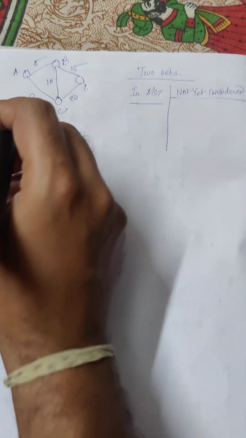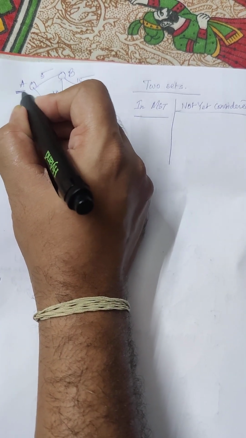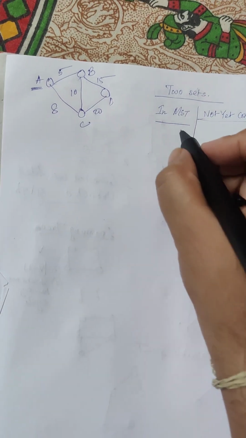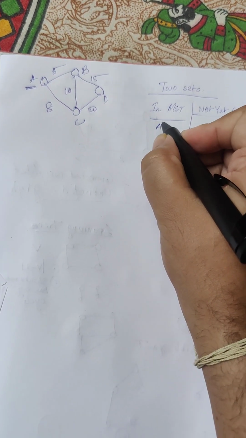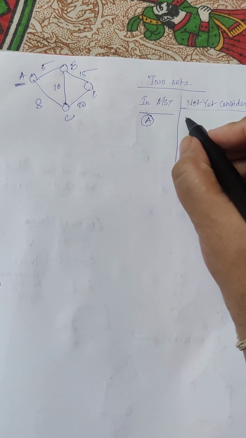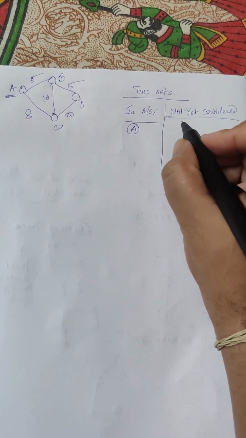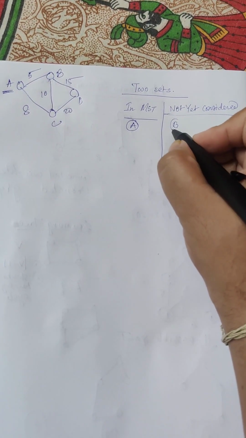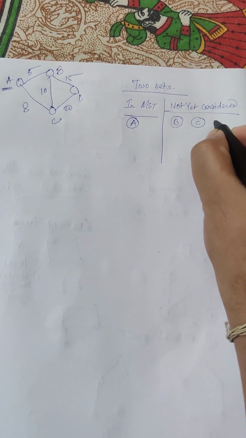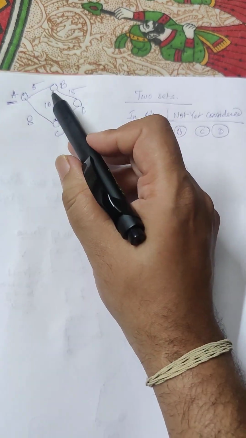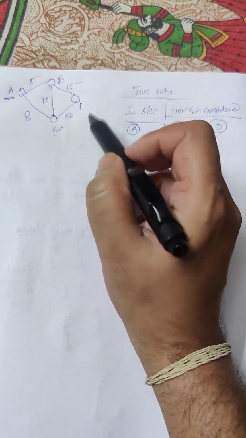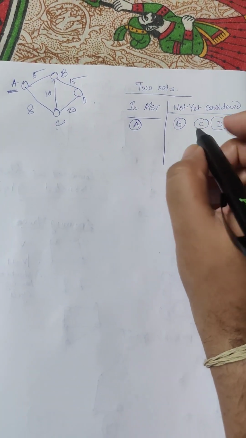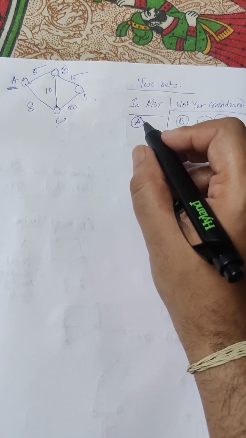First, if we consider A as the source, in the first run we consider A. The rest of the nodes which have not been considered yet are B, C and D. These three nodes have not been considered yet. So in the first step we have considered A.